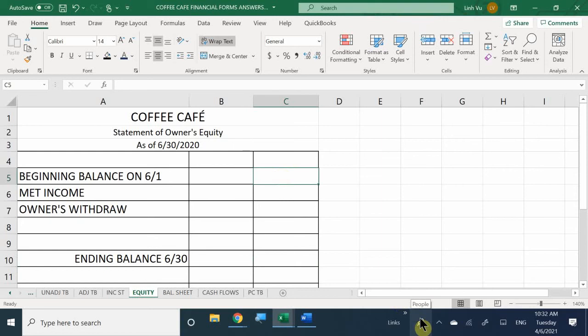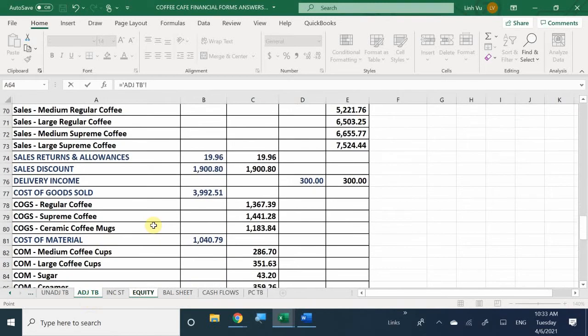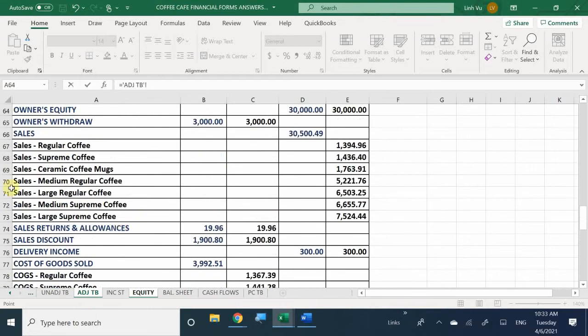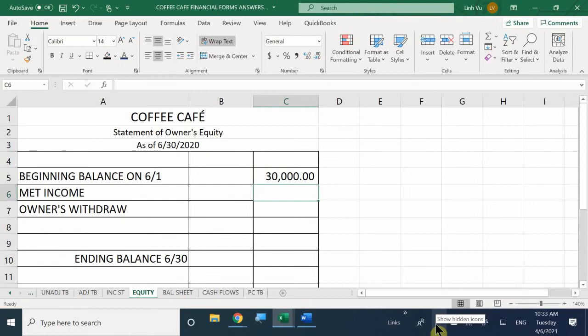It doesn't have to be exactly June 1st, but we know that we had an original investment of $30,000. So let's go to my adjusted trial balance, and we're going to go to owner's equity. Here we are, owner's equity. It's valued at $30,000. That's my beginning balance.